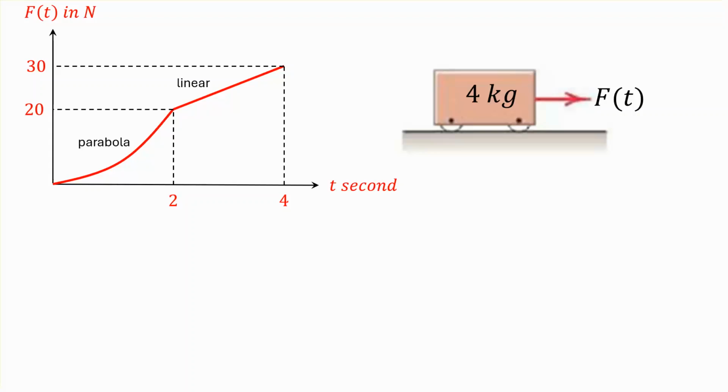And if the time is between 2 and 4, it is a linear force distribution. Obviously, this cannot be expressed in a single formula as we are used to, and it's not a constant. And my rule attempts have not worked. I'll show you towards the end of the video why it's not working, how it's not working.